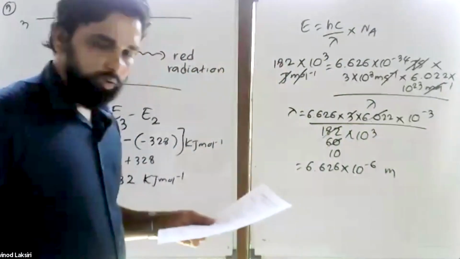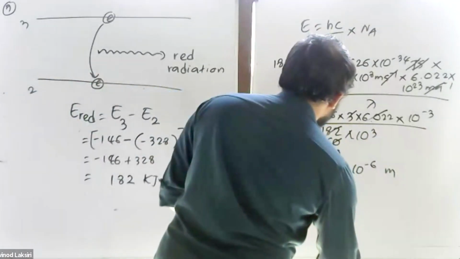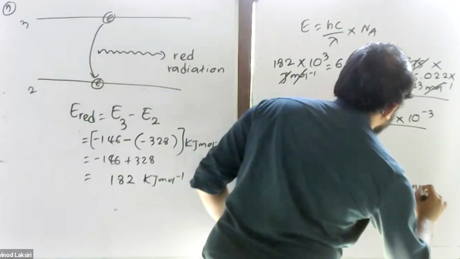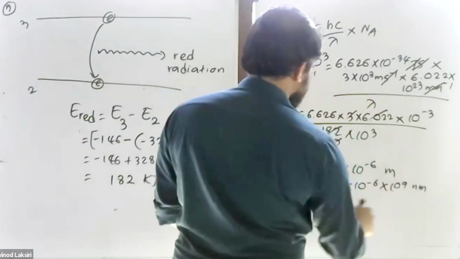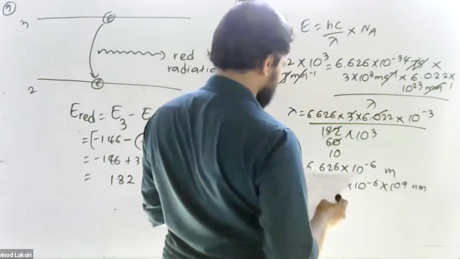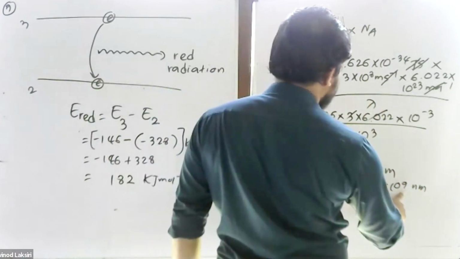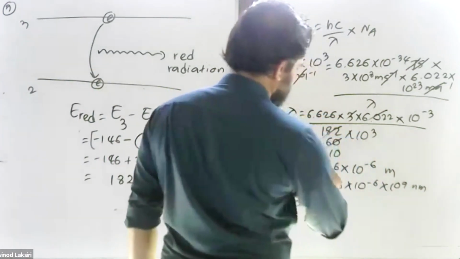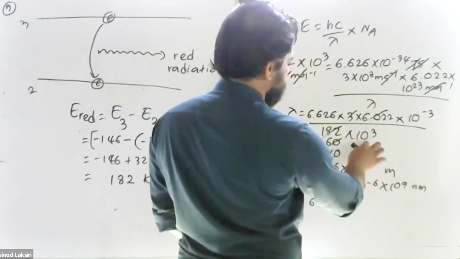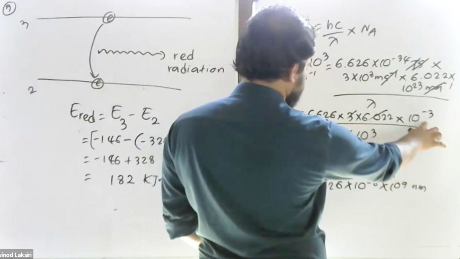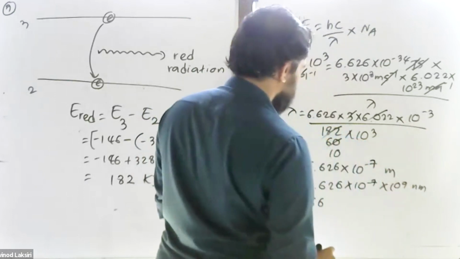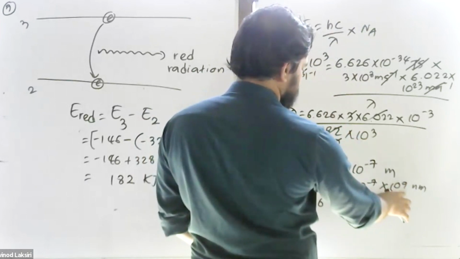And the answer is given in nanometers. Therefore, to convert to nanometers, I will multiply by 10 to the power 9 nanometer. Then what is the answer here? Powers combine: 10 to the power 4 and 10 to the power minus 3 gives minus 7, multiplied by 10 to the power 9 means 10 to the power 2.